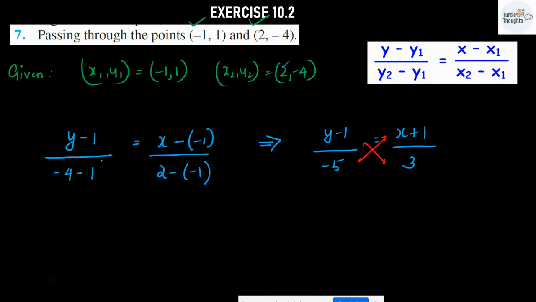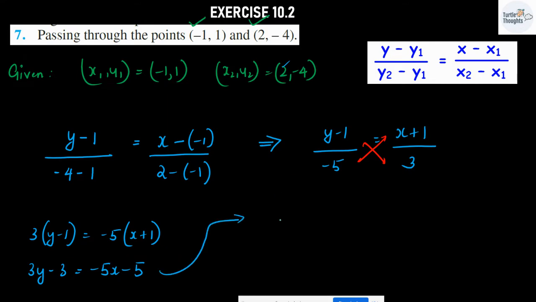So I will be ending up with 3 multiplied with y minus 1 is going to be equal to minus 5 multiplied with x plus 1. Upon solving, 3 into y is 3y minus 3 is going to be equal to minus 5x minus 5. I'll transfer minus 5 and minus 5x to the other side.